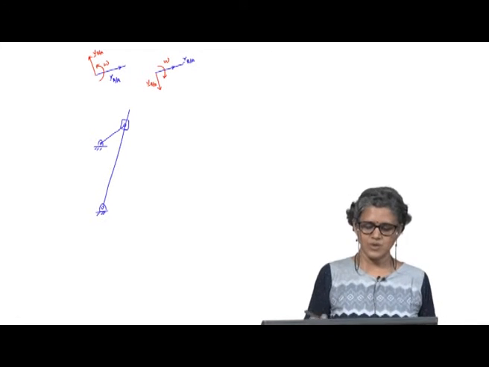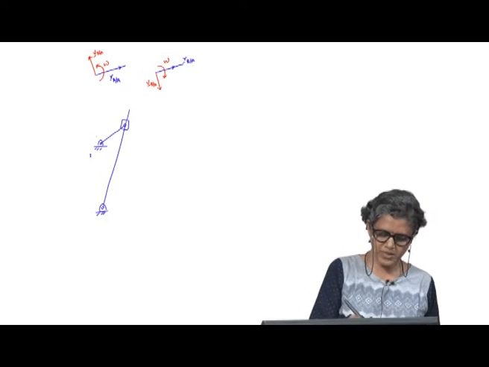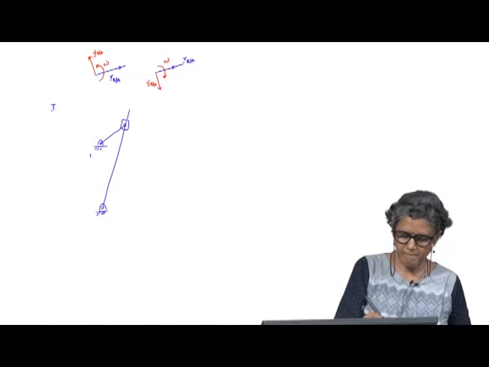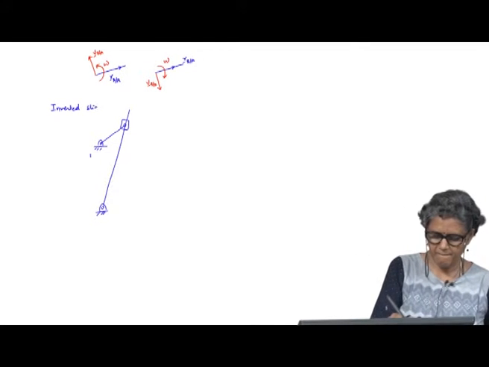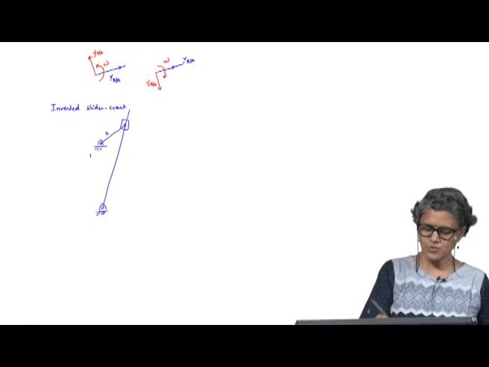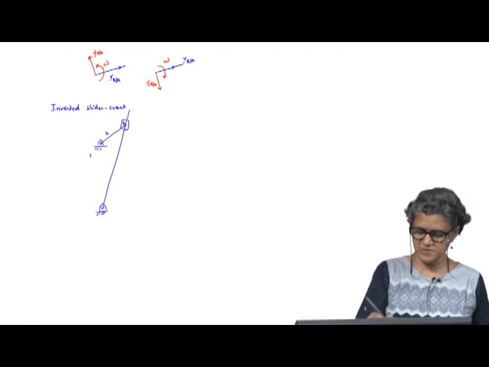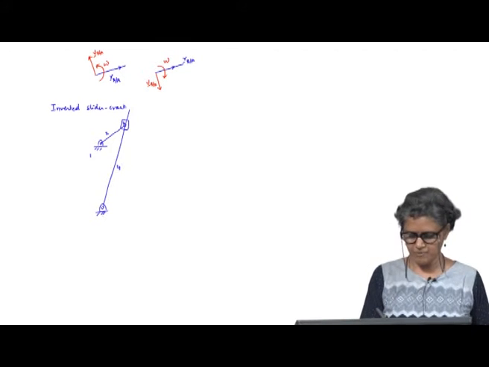Okay. So, you have a block which is sliding. So, you have link 1, 2, 3 is the block which is pivoting with 2, and then I have link 4.